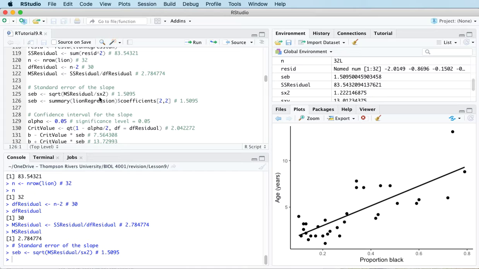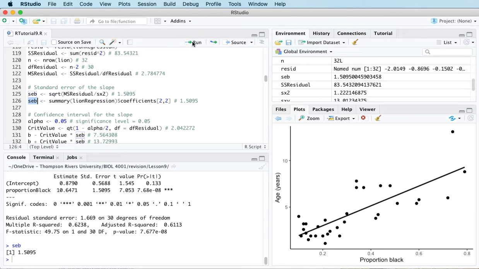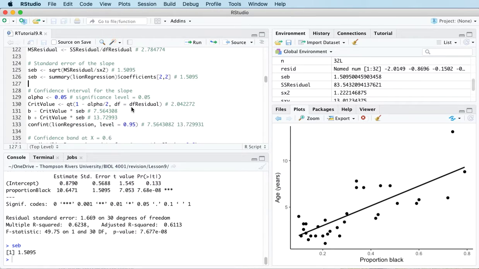If we remember back to the summary that we looked at in the last video, here was the estimated intercept, here was the estimated slope. In the column to the right of the estimates is something that's labeled standard error. And so this is the standard error for the intercept, and this is the standard error for the slope. So that's the number that we're calculating here, the standard error of the slope. So 1.5095. And we can use that to calculate a confidence interval for the slope.